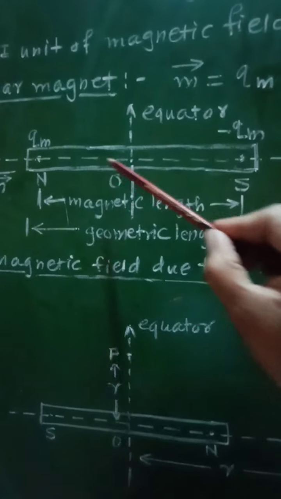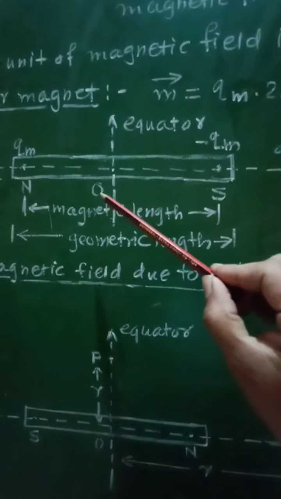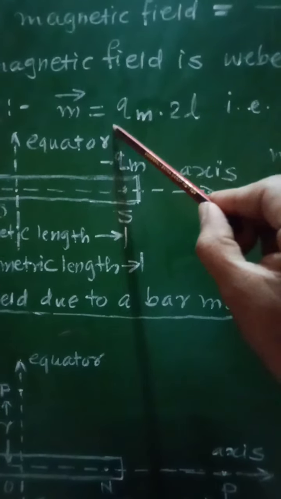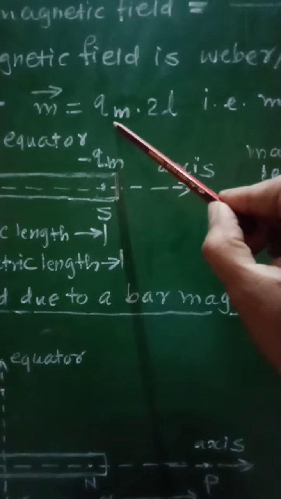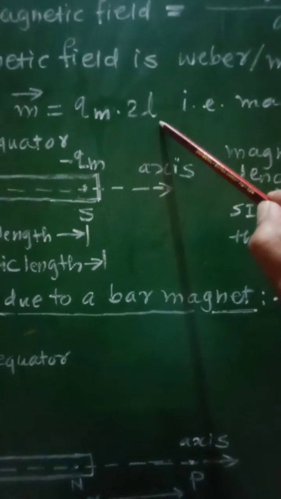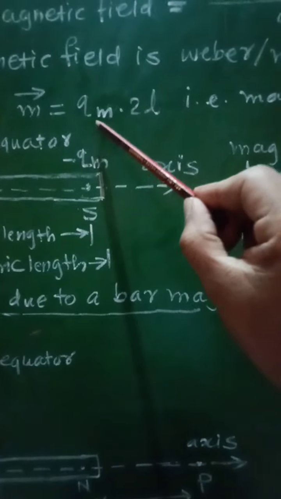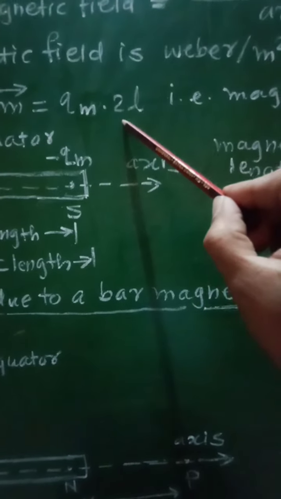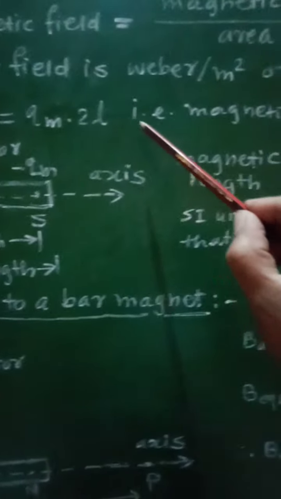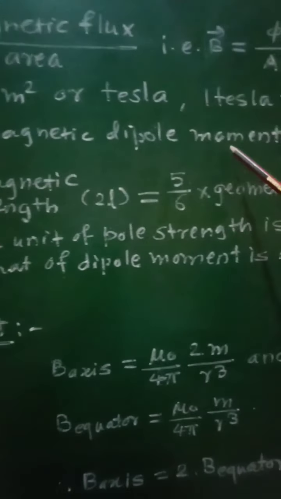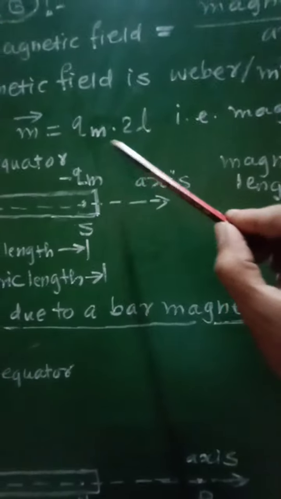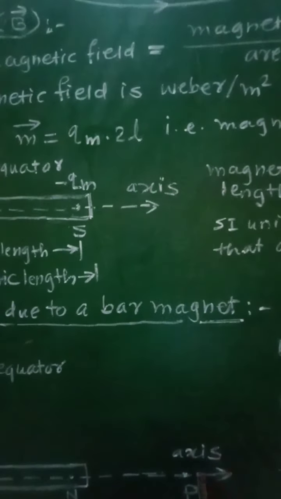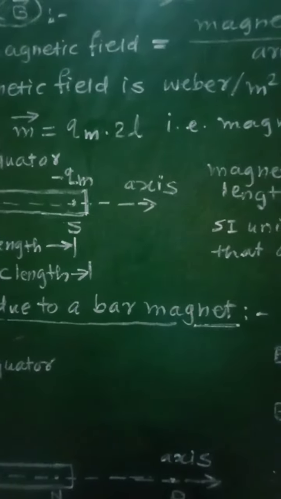So Qm into 2L will represent the magnetic dipole moment, and therefore the magnetic dipole moment of that bar magnet is equal to Qm into 2L. This product is nothing but the product of pole strength of one of the poles and the magnetic length of the magnet, that is magnetic dipole moment. So M is equal to Qm into 2L, which is nothing but the magnetic dipole moment.